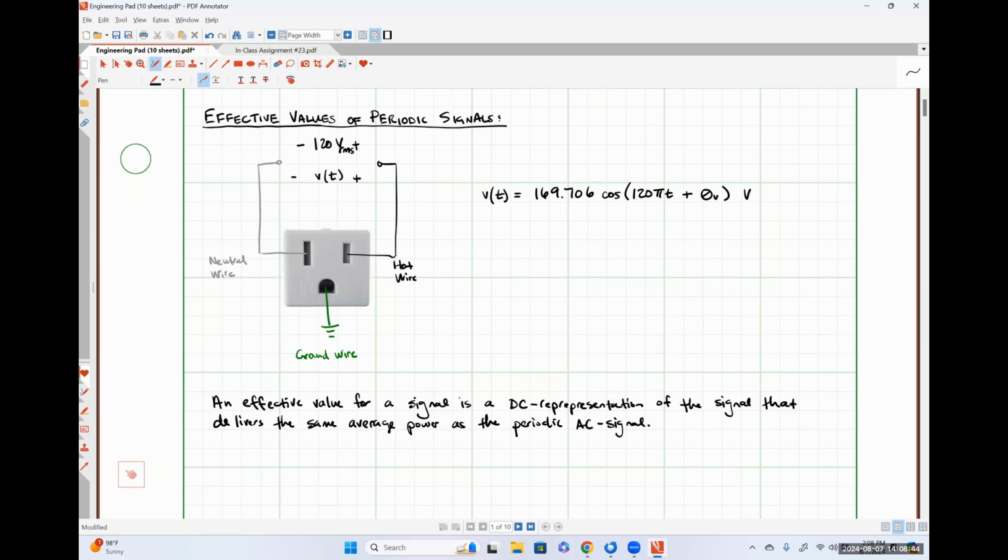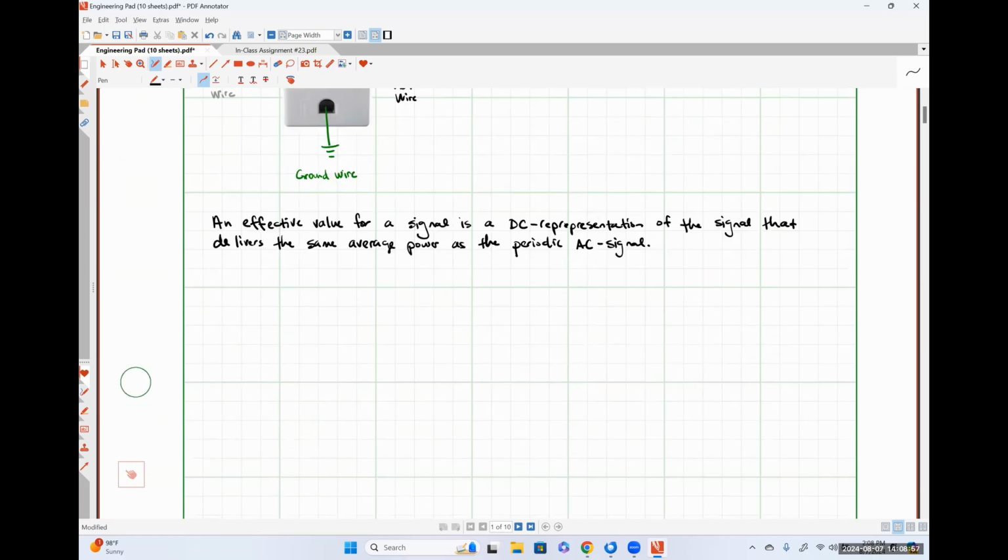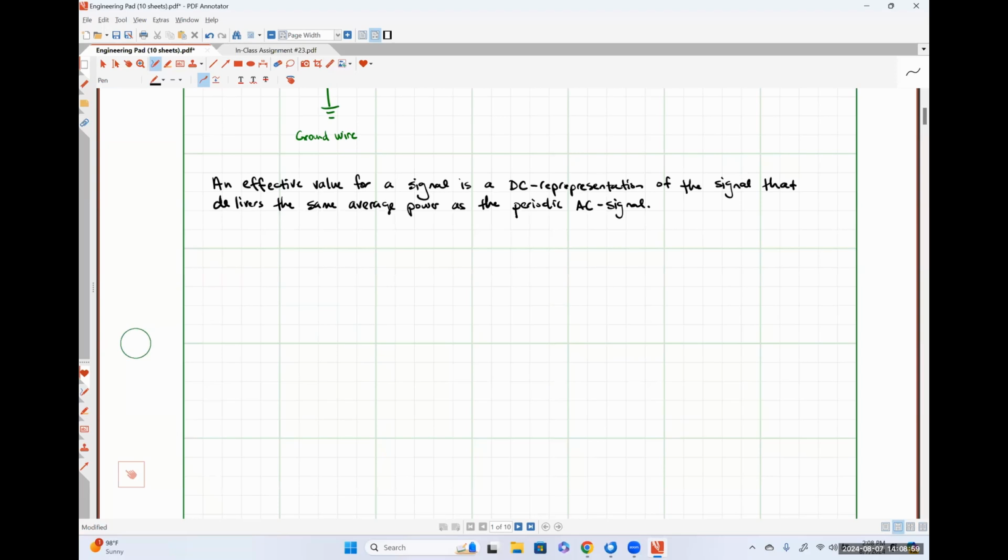So that's all an effective value is. It's just a DC representation that delivers the exact same amount of average power as our AC signal does on average, okay?